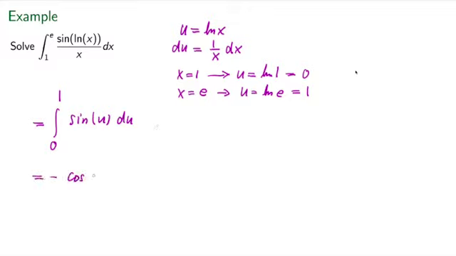So we get minus cos u between 0 and 1, which is minus cos 1, minus minus, which is plus, cos 0. Cosine of 0 is 1, so then this is 1 minus cos of 1. Hey, that didn't look so complicated.